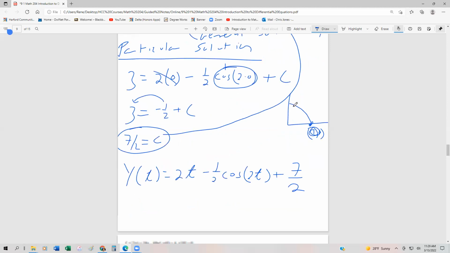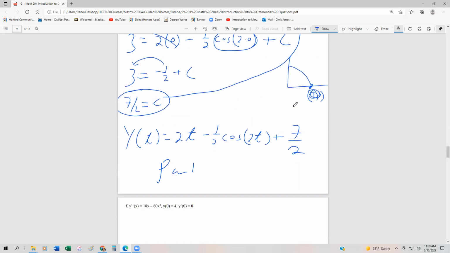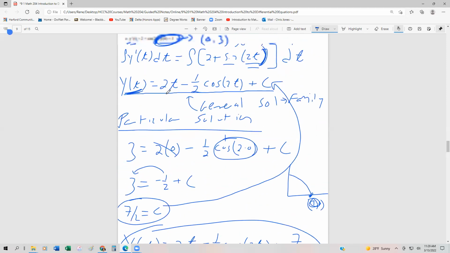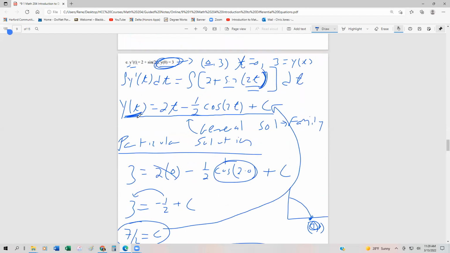So again, this is our particular solution. All you have to do to be able to find the particular solution is just go through, find the general solution, and then substitute back in for both the independent variable, which in this case is t, and then the dependent variable, which in this case is y of t.